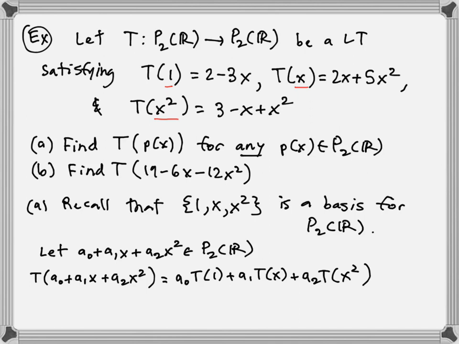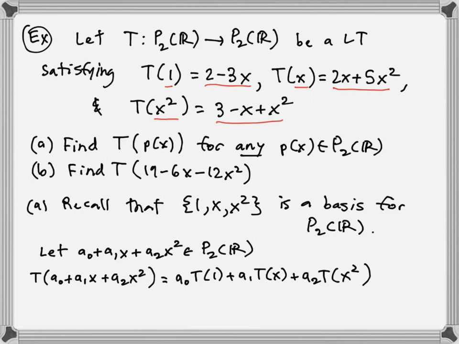All I did was pull a0, a1, and a2 out, and I used the properties of linearity to separate the additions. Okay, but I can now use the facts given in the problem, right? Remember, T of 1 is this, T of x is this, T of x squared is this.